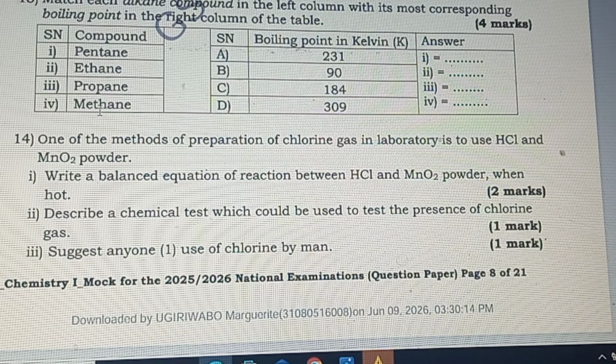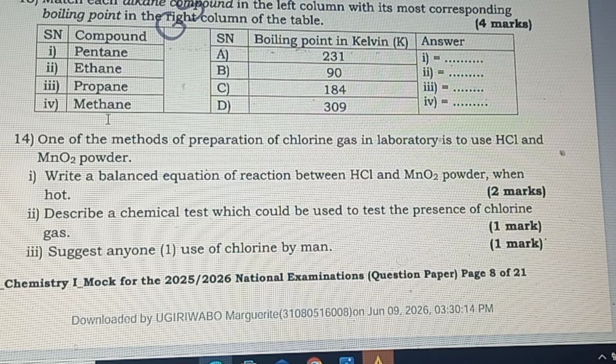You see methane has 1 carbon, ethane has 2 carbon, propane has 3 carbon, pentane has 5 carbon. Means that as you increase the number of carbon, the boiling point increases. So methane has a lower boiling point than ethane, than propane, than pentane.